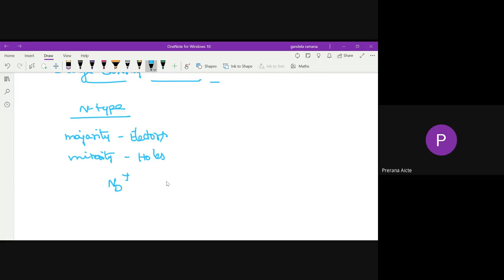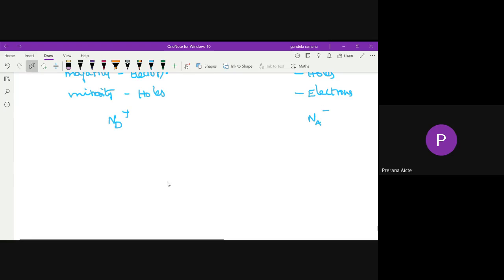In the same way, in P type, the majority carriers are holes and the minority carriers are electrons. This is denoted Na minus. Now electrical neutrality: how can you say electrical neutrality? Positive charge is equal to negative charge.